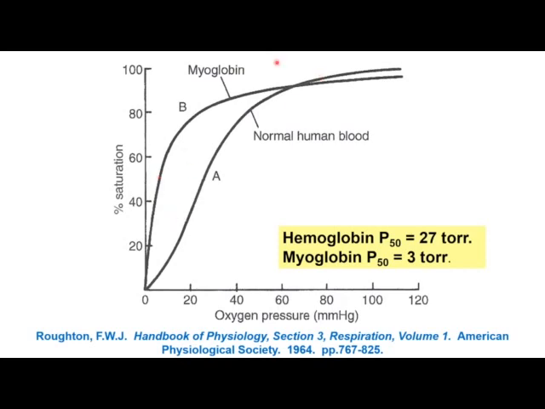So therefore, myoglobin in the cell can pick up a lot more oxygen, even at very low PO2s, to help transport this oxygen from the blood to the mitochondria. It's very clever, actually. Myoglobin with a very low P50 basically sops up oxygen, even at a very low PO2, and this can transport that into the mitochondria for energy production.